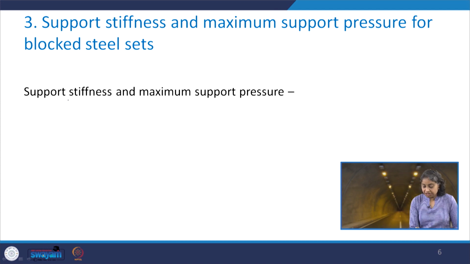So, we have here the support stiffness and the maximum support pressure.